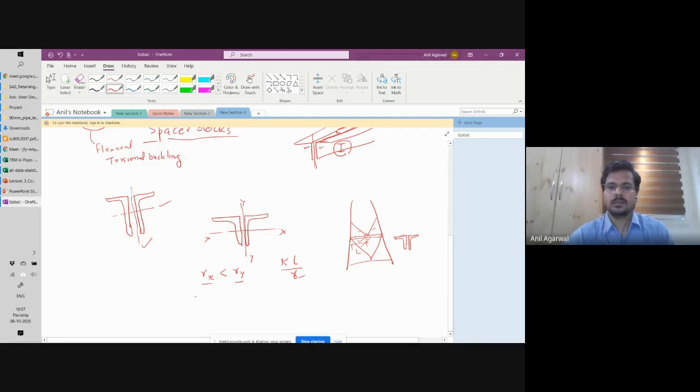I have to look at KL by r. So just because my rx was low, it does not mean that KL by rx will be governing, because my Lx may also be very, very low, just because of the configuration, the way the tower is made. So my L can also change. All those things play out a role.